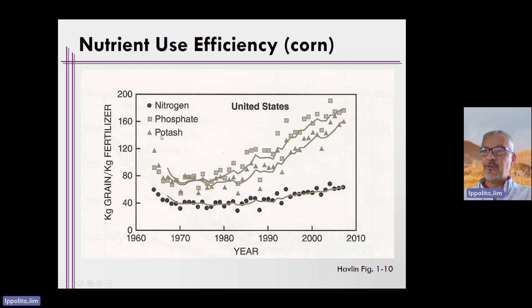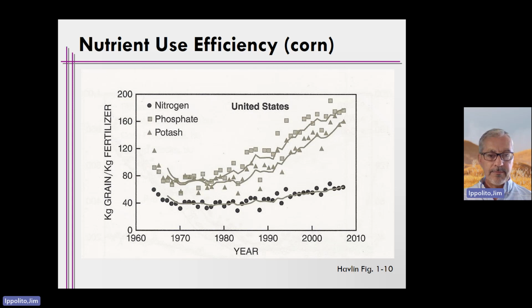And what we see is that with phosphate or potash, phosphorus or potassium fertilizers, we actually do within the United States a fairly decent job of getting a return on fertilizer investment. So over time, we've been able to increase the kilograms of grain per kilogram of either phosphorus fertilizer or potassium fertilizer added. We do a very good job of this.